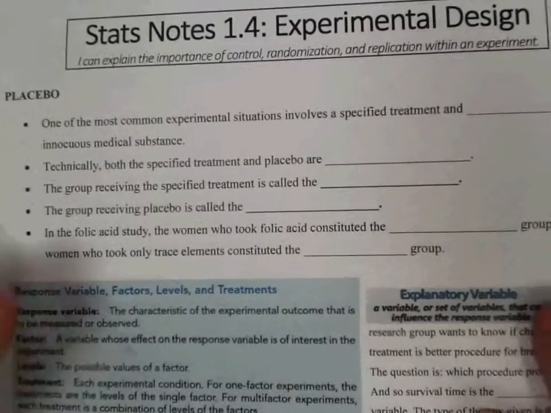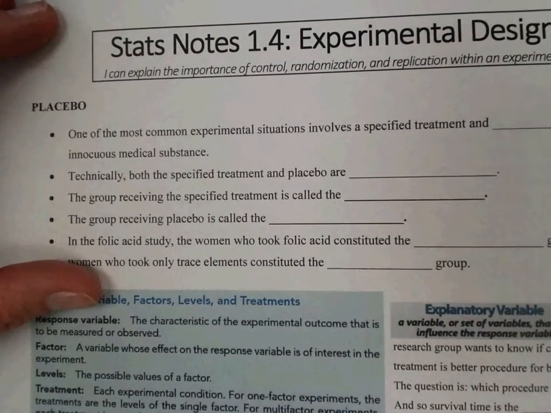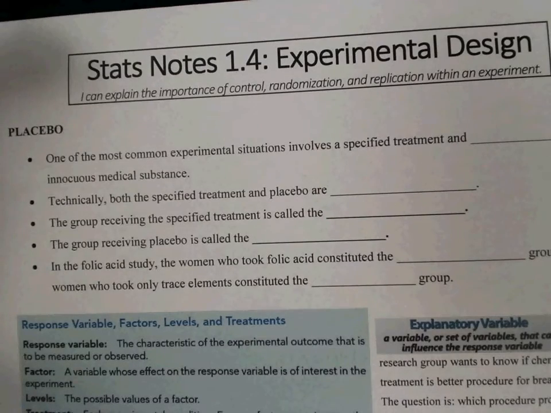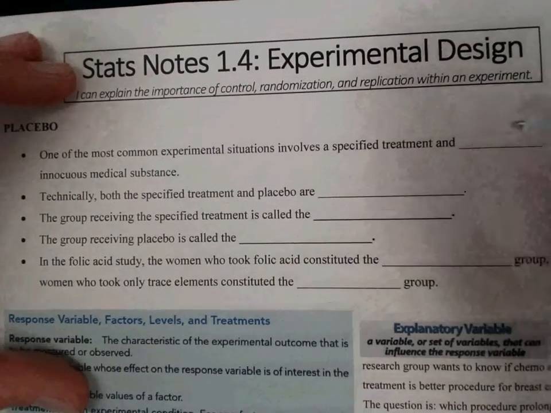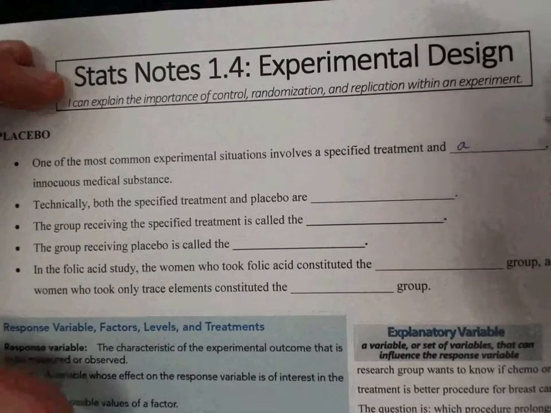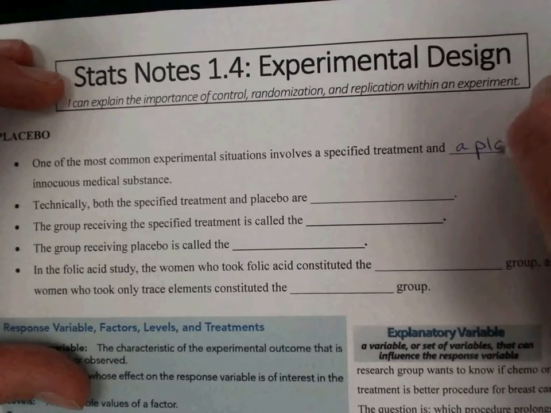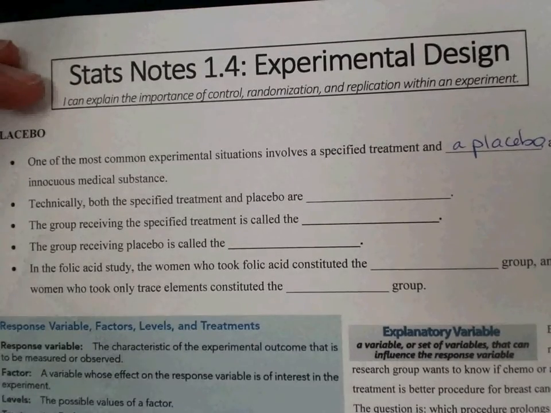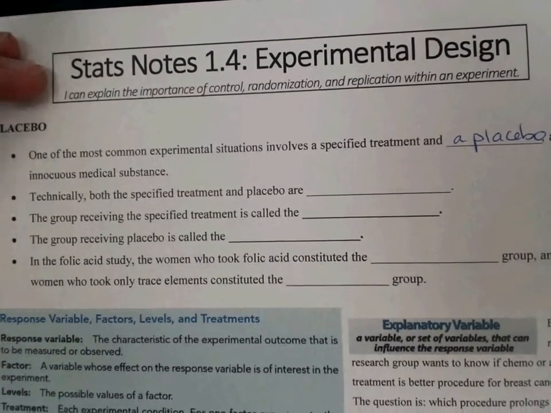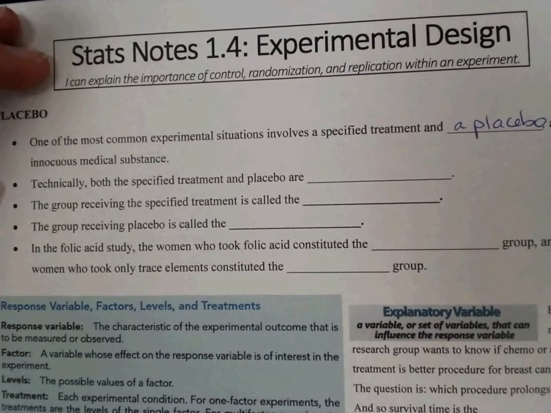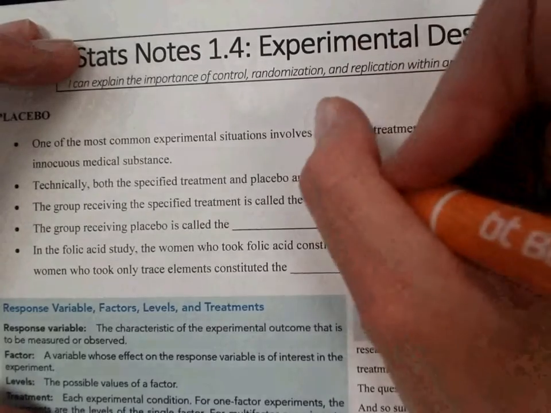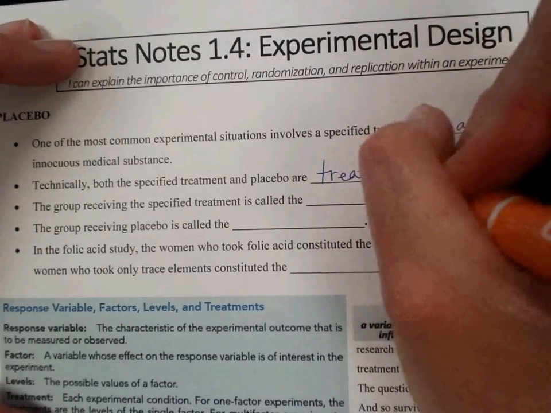Flip it over. One of the most common experimental situations involves a specified treatment and a, Howie? Yes. And a placebo, which is an inert or innocuous medical substance. Technically, both the specified treatment and the placebo are treatments. So they are treatments.